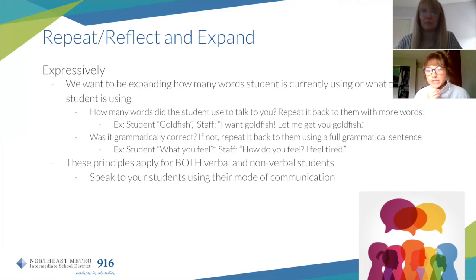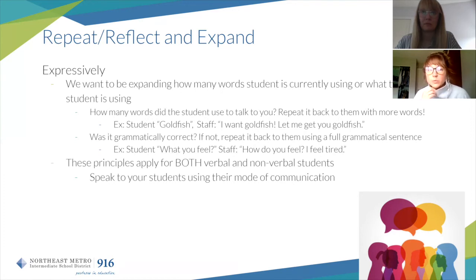You could, even just as a simple rule of thumb, add 1 to 2 words to what the student's currently saying. So for example, a student might say "goldfish," and the staff know that they are basically requesting goldfish. You could reflect back to them and say, "I want goldfish. Let me go get you some goldfish."